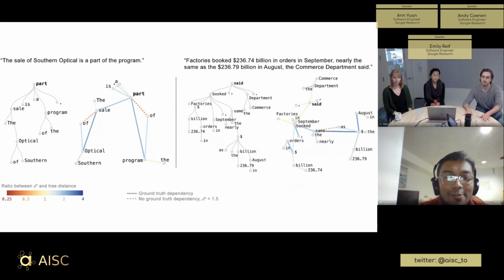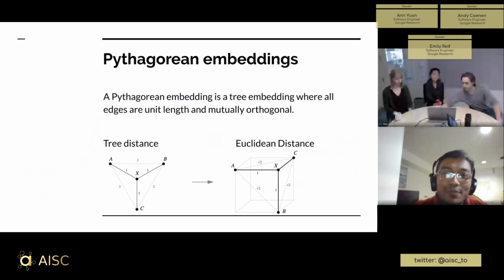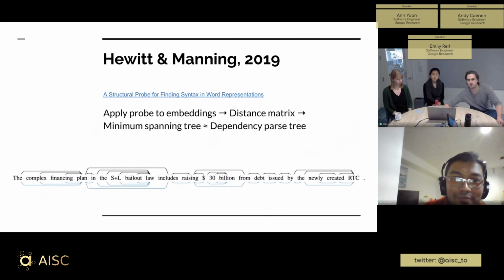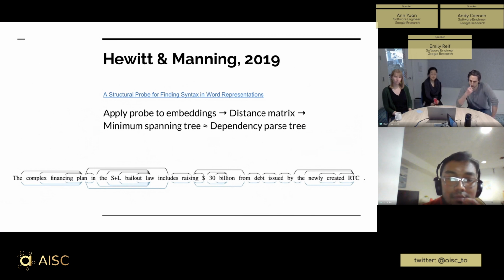Okay. Can you please go to the slide about the structural probe, and maybe expand on it? What is the linear transformation? Maybe this slide. Yeah. Basically, the way it works is you have BERT embeddings in 768-dimensional space.